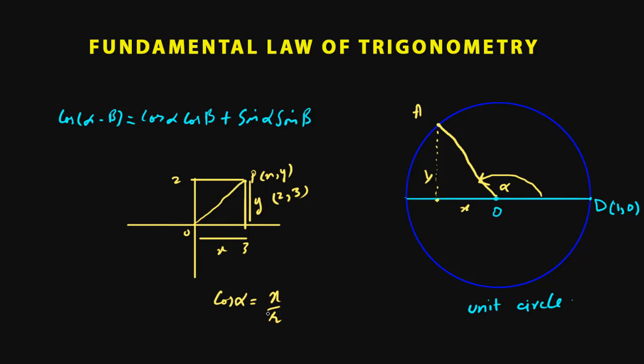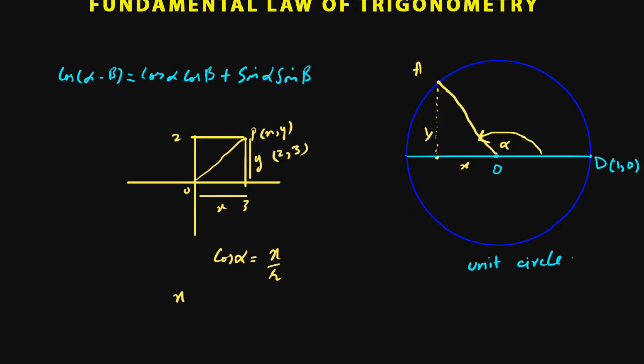Now we are going to find x, therefore x is equal to r cos of alpha. What is the value of r? Since it is a unit circle, the value of r is 1, and therefore x is equal to cos of alpha.